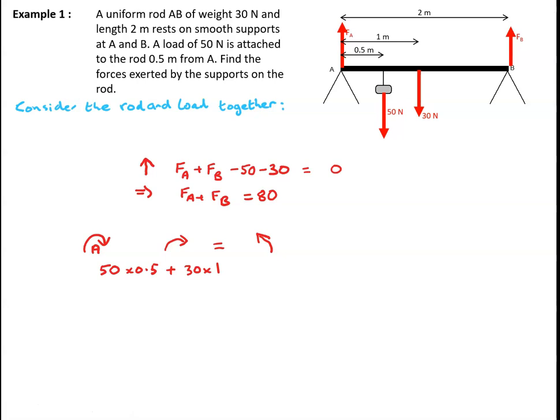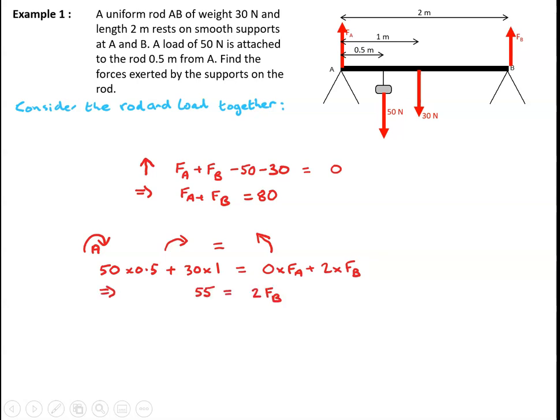The anti-clockwise moments: FA has no moment about A because it acts through A, and FB has an anti-clockwise moment of FB times 2. So the anti-clockwise moment is 0 times FA plus 2 times FB.